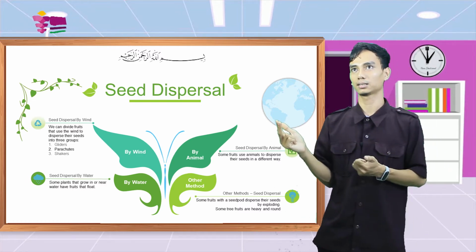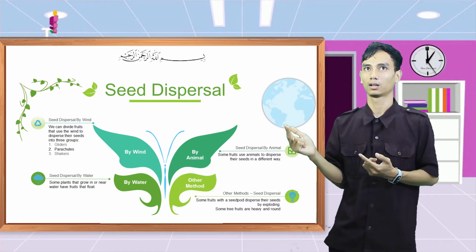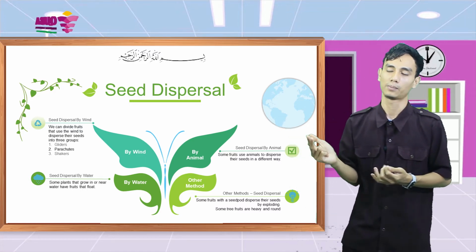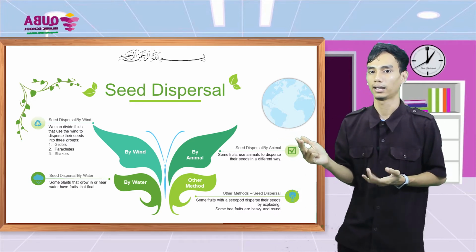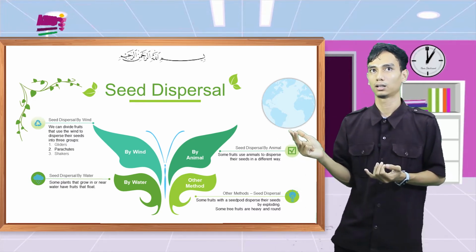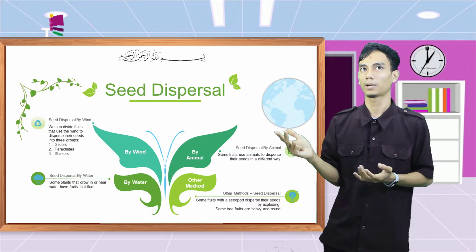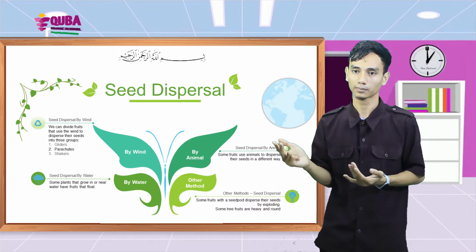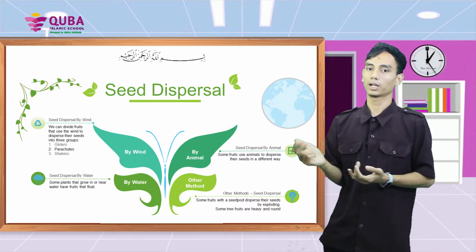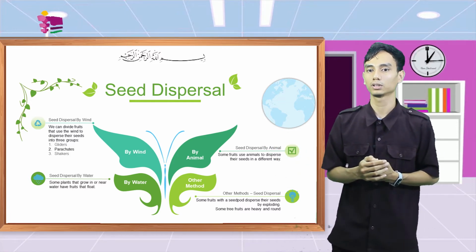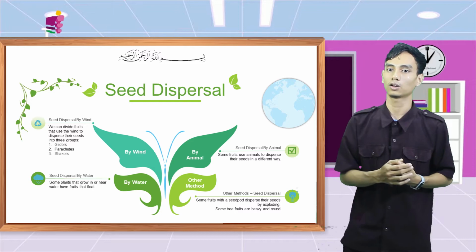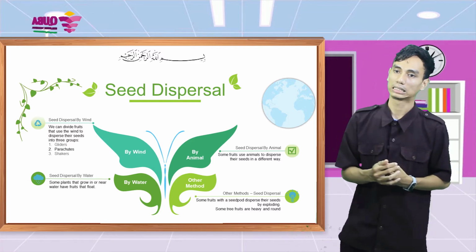The glider is, for example, Javan cucumber. Parachutes, for example, dandelion. And shaker, for example, poppy seeds. Seed dispersal by water. Some plants that grow near water have fruit that float. For example, coconuts.